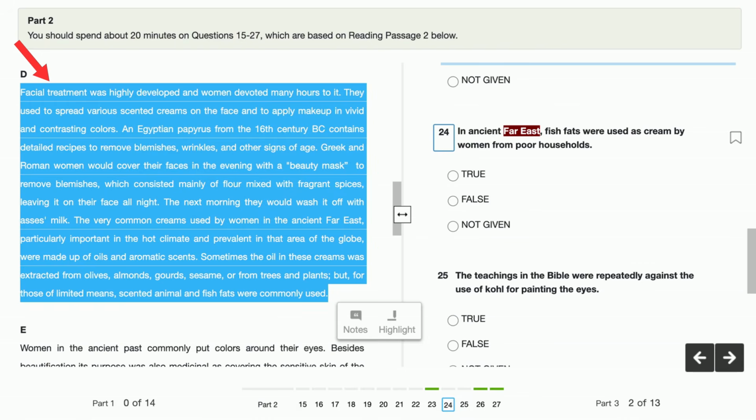The next morning, they would wash it off with ass's milk. The very common creams used by women in the ancient Far East, particularly important in the hot climate and prevalent in that area of the globe, were made up of oils and aromatic scents. Sometimes the oil in these creams was extracted from olives, almonds, gourds, sesame, or from trees and plants. But for those of limited means, scented animal and fish fats were commonly used.